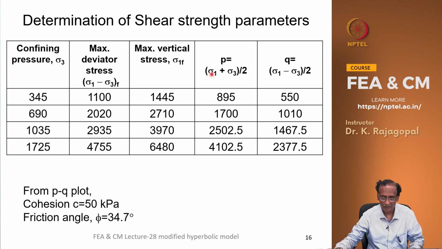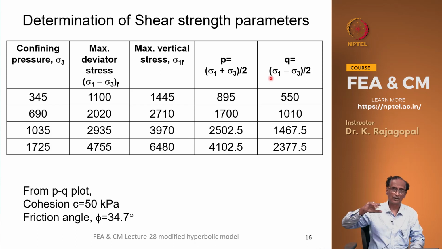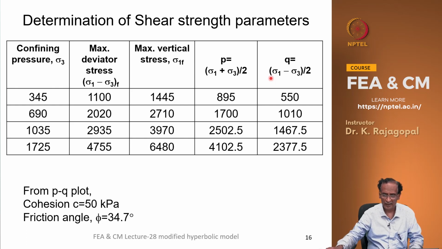If you do not want to draw the PQ diagram, we can draw 4 more circles and then draw a common tangent, and then we can get these values. The advantage of the PQ diagram is that we can do the regression analysis.